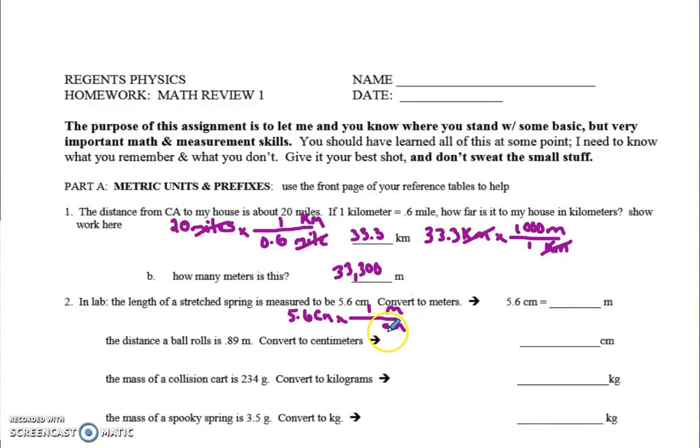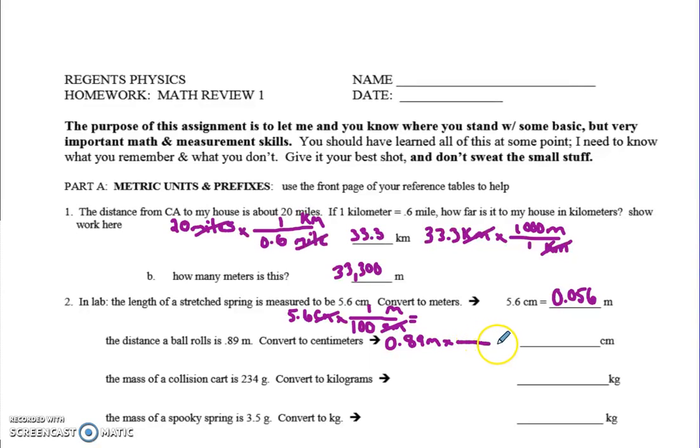Centi stands for 1/100th, so there must be 100 of them in 1 meter. Centimeters divided by centimeters cancel out, and I get the answer of 0.056 meters.